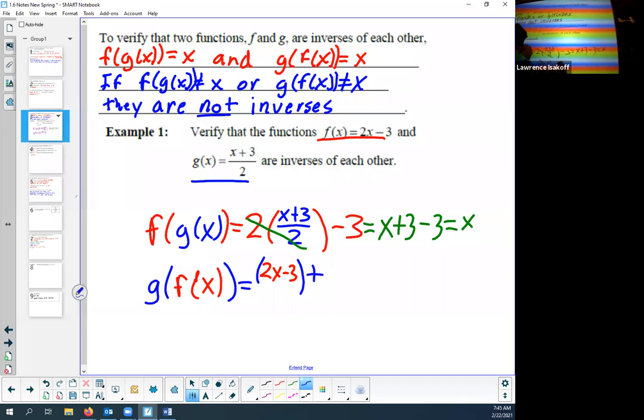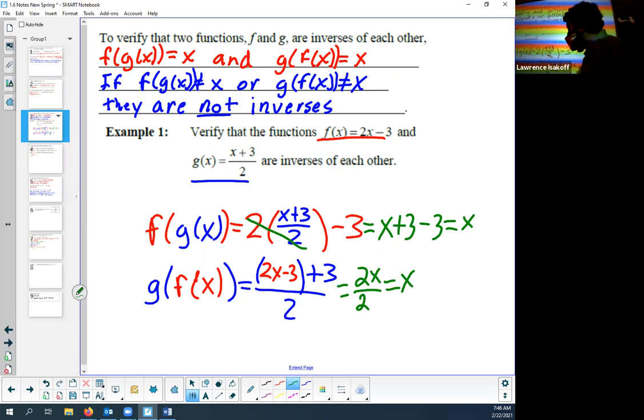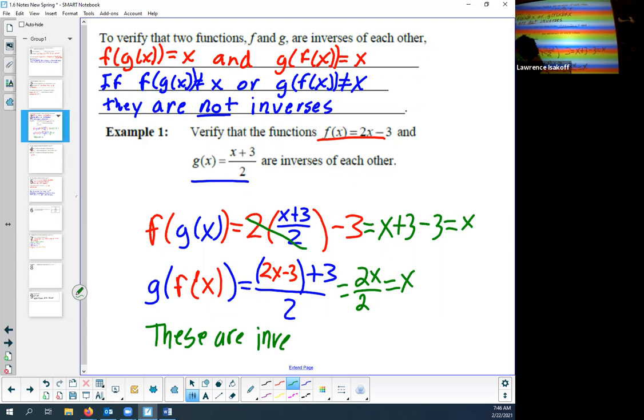It says plus 3, all over 2. Well, again, a minus 3 and a plus 3 is just 0, so that gives me 2x divided by 2. 2 divided by 2 is just 1. So again, we get x here. So we can say these are inverses.